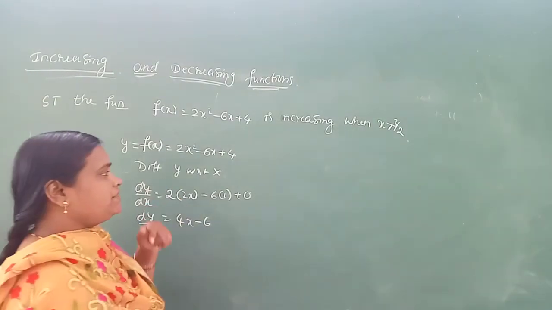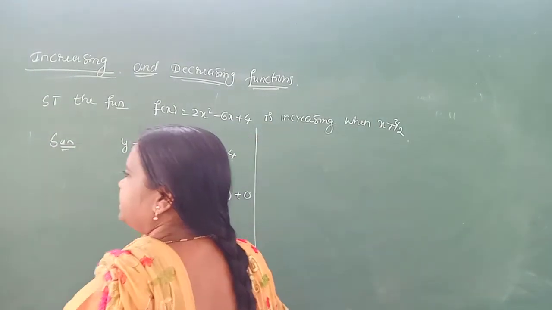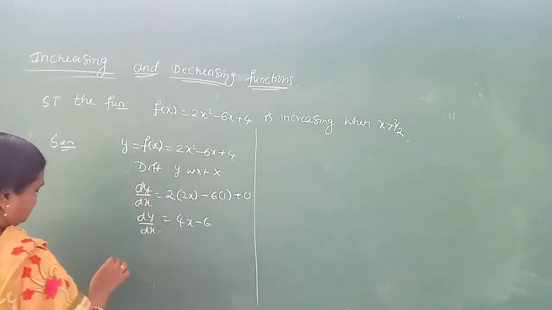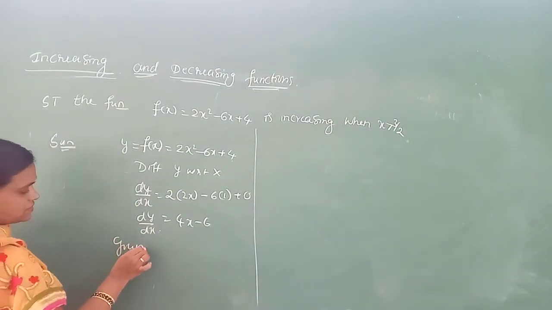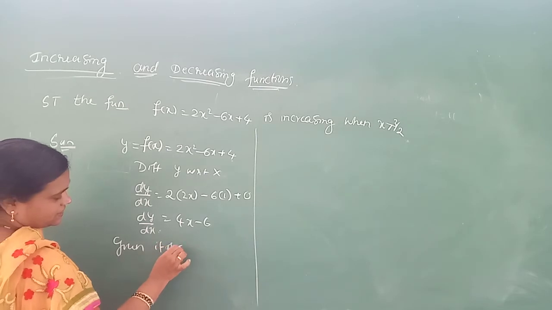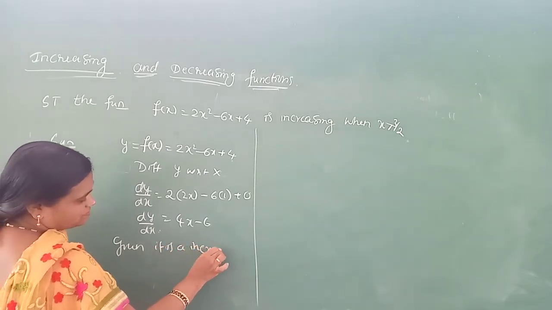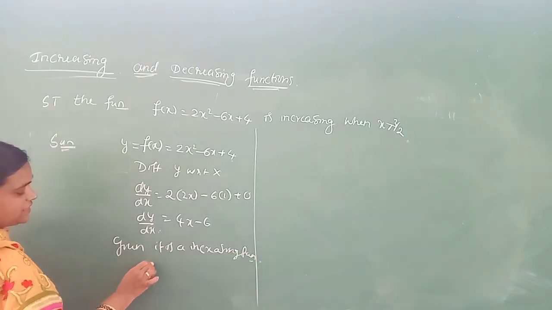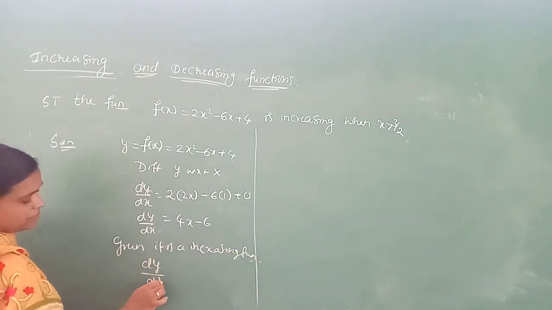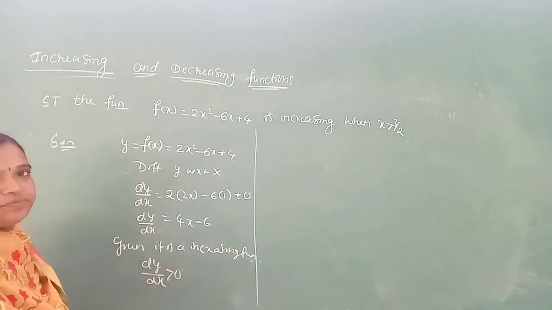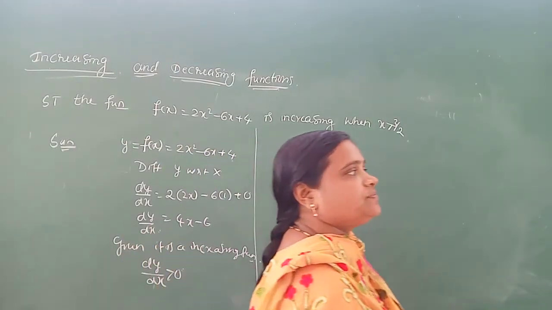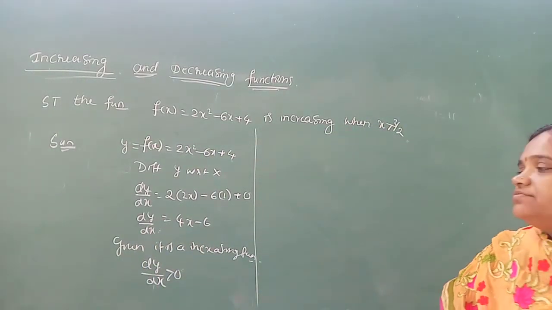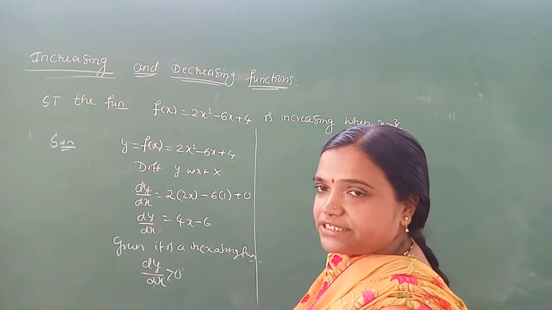Given it is an increasing function, therefore dy by dx is greater than 0.